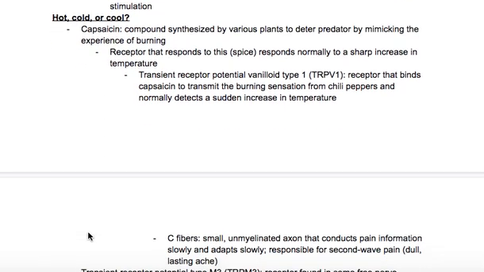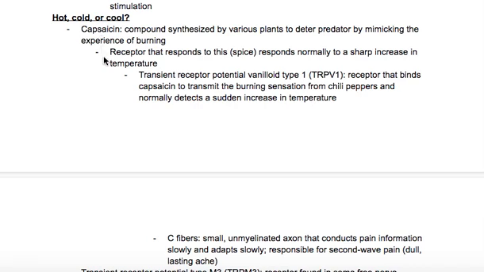Next section is titled Hot, Cool, Cold, or Cool. The discovery of the transient receptor potential vanilloid type 1 receptor, TRPV1 for short, comes from the study of capsaicin, a compound synthesized by various plants to deter predators by mimicking the experience of burning. This is usually found in spicy peppers.